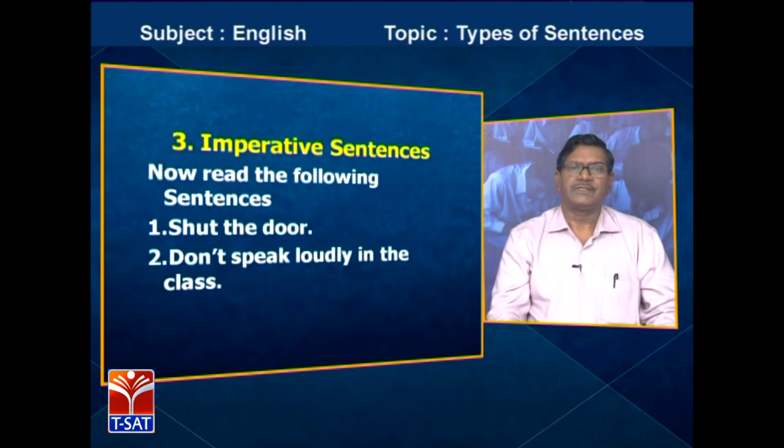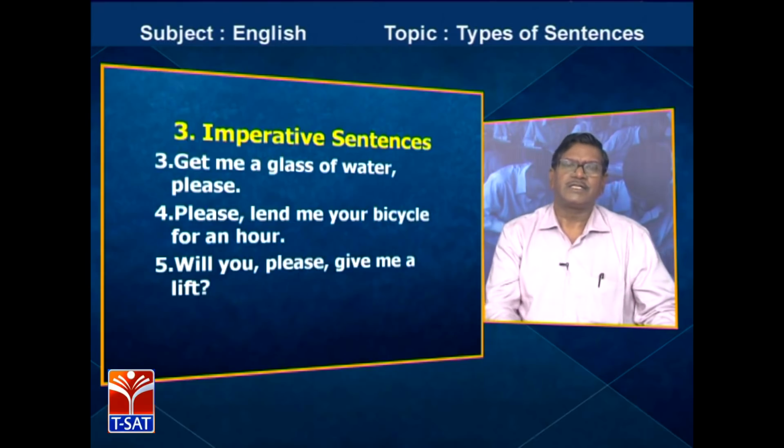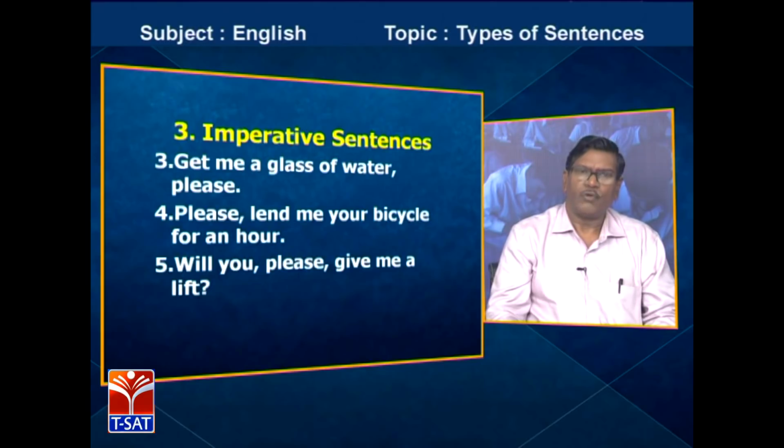Imperative sentences. Here again we have two varieties, orders and requests. Orders: shut the door, don't speak loudly in the class. Get me a glass of water please. Here it is a request. Don't speak loudly in the class, it is a strong advice, although it starts with a verb.